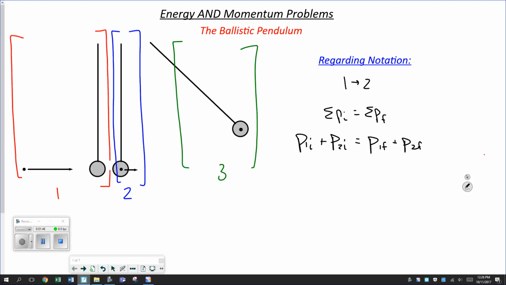Because there are three instants, instead of just saying initial and final, it might be more useful to refer to which instant you're talking about. So maybe you say 1 and 2, or 2 and 3, or 1 and 3. But then you have ones, and that can get to be a pain. So here's what you might try.